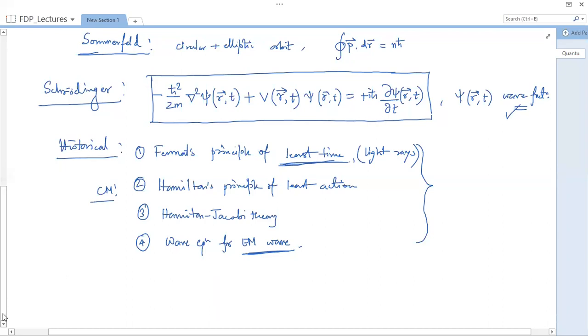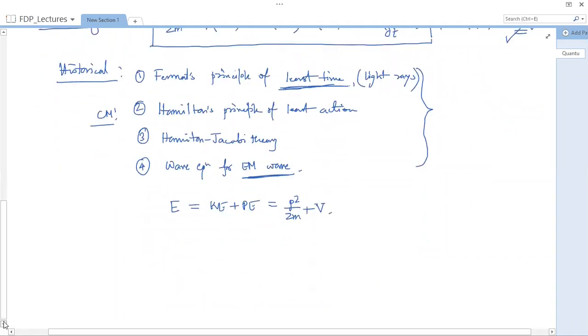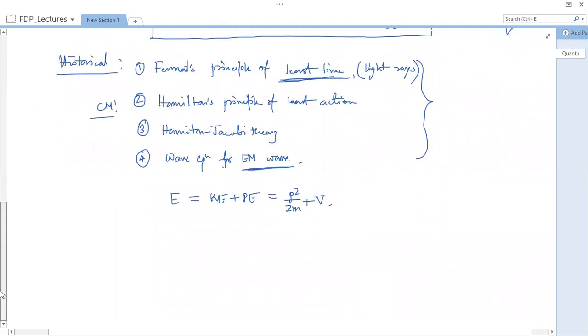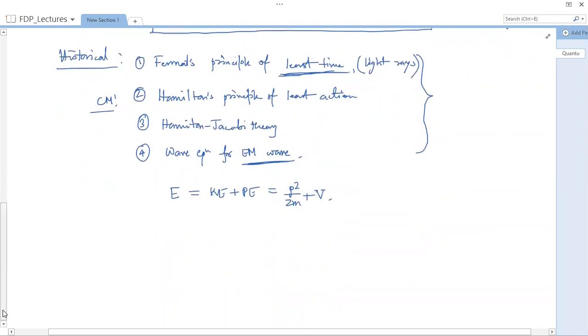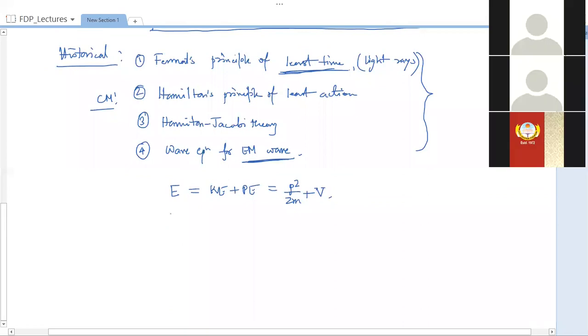Now this equation can be thought of as follows: the total energy E is the kinetic energy plus the potential energy, and the kinetic energy is p squared by 2m, and the potential energy is V, and p is the momentum. Now this can be thought of as an operator equation, the Schrodinger equation, and from this equation we go to the operator equation.